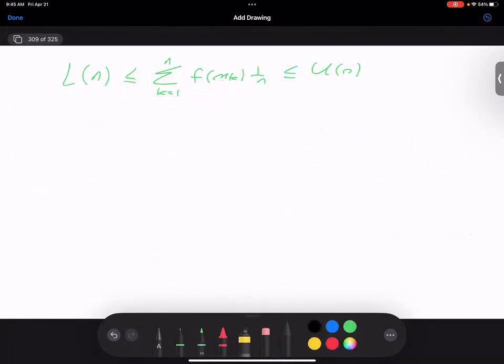But we know, does anybody remember what this sum in the middle is? What did we show the sum equals? Not 0.